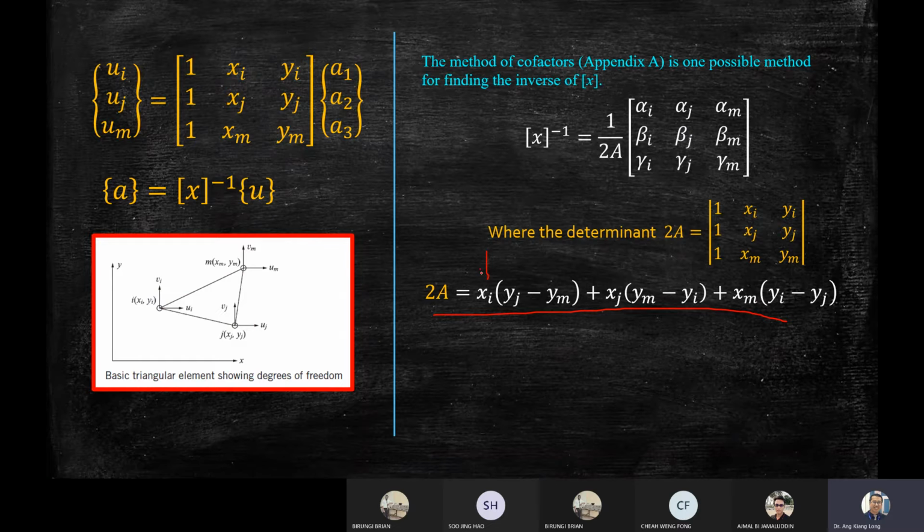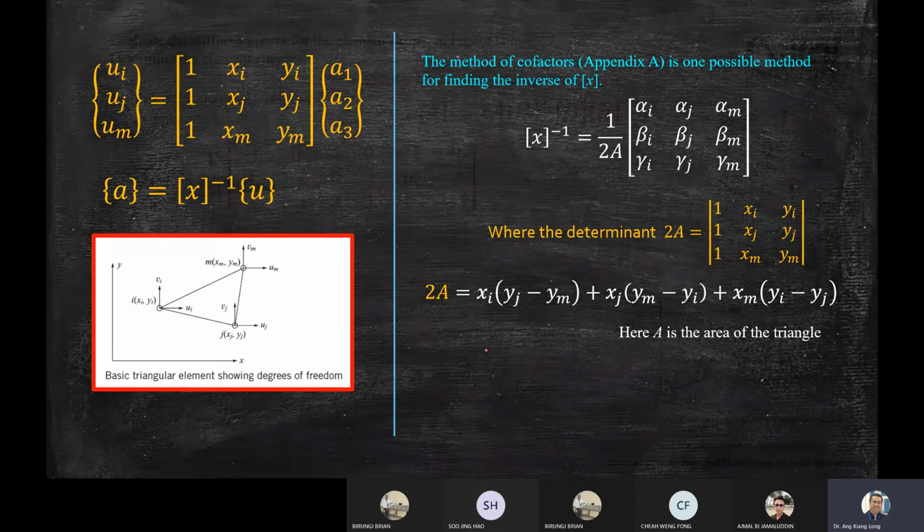Okay, you have your x coordinate for I point. You have the coordinate for J, Y coordinate. This is the coordinate for M, and so on. You substitute the value, divided by 2, you get A.